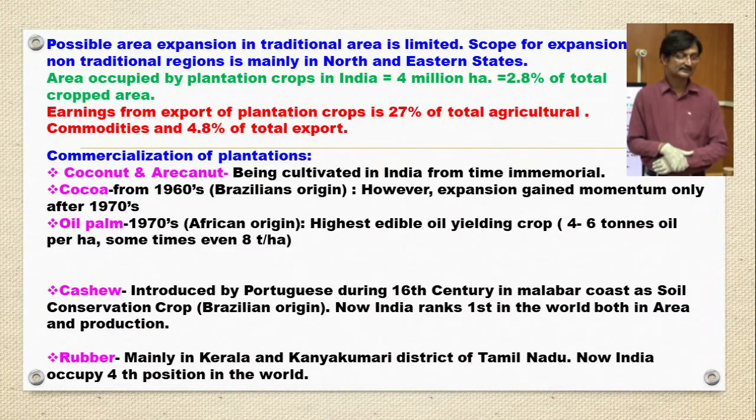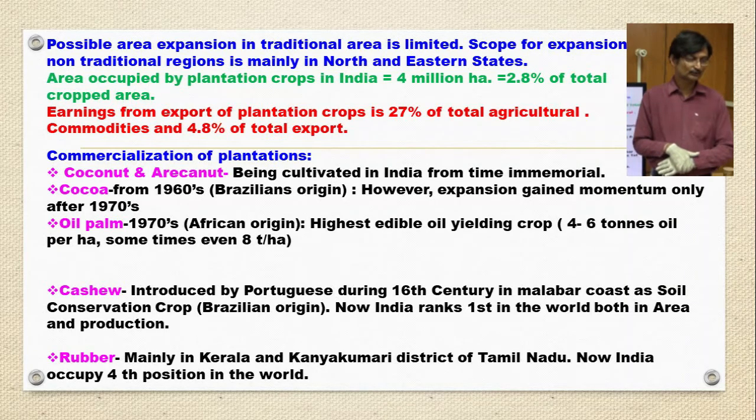Possible area expansion in traditional area is limited. Scope for expansion in non-traditional area is mainly in north and eastern states. Area occupied by plantation crop is roughly 4 million hectare, 2.8% of total cropped area.